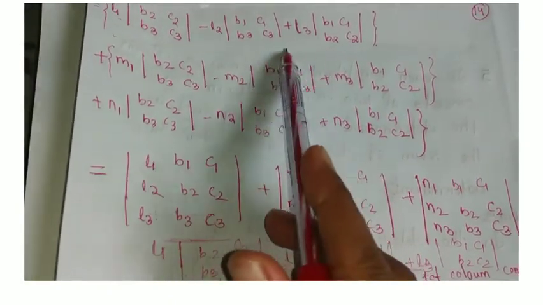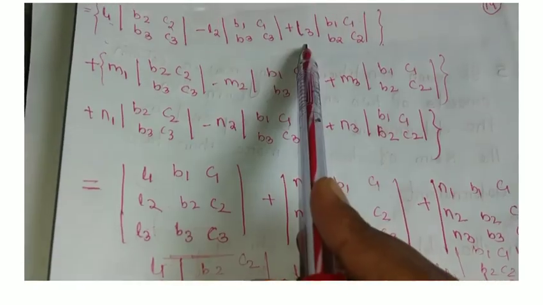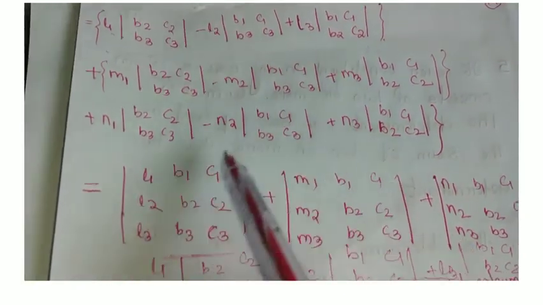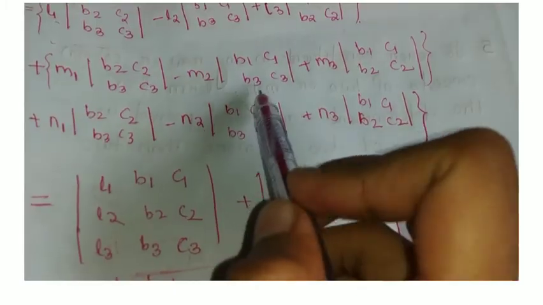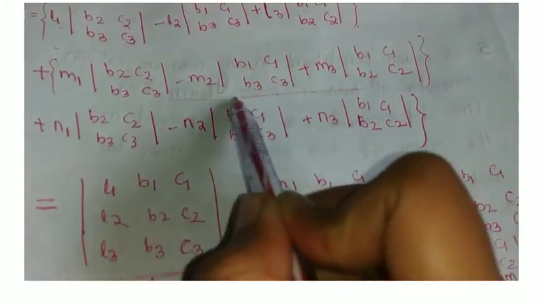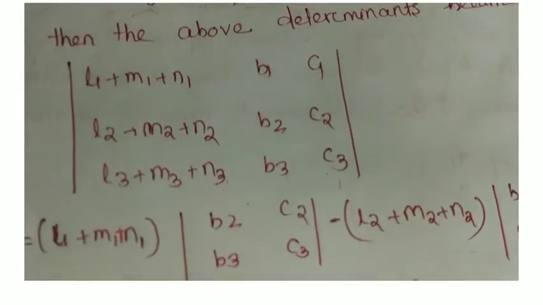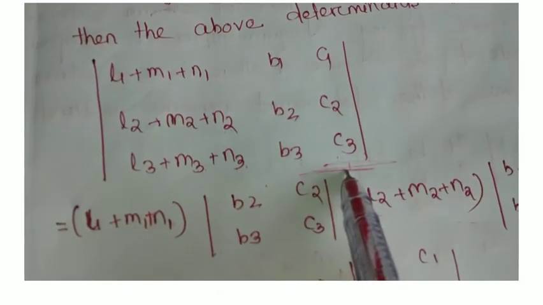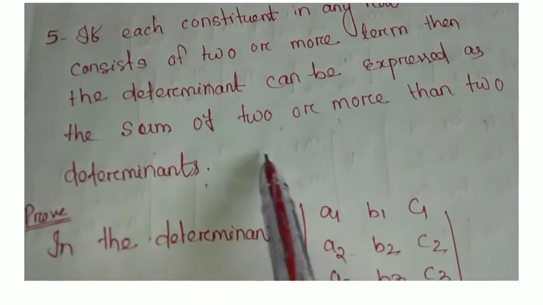So we can write this as this determinant. Similarly, this is the expanded form of this determinant, and this is this determinant. So finally we have these three determinants from this one determinant. Hence the property is proved.